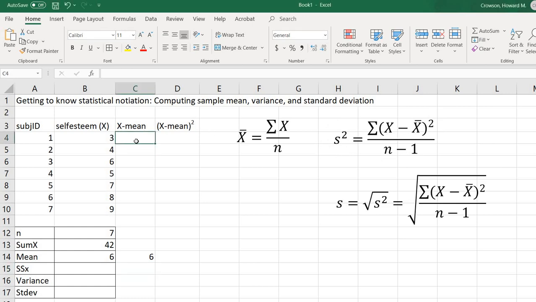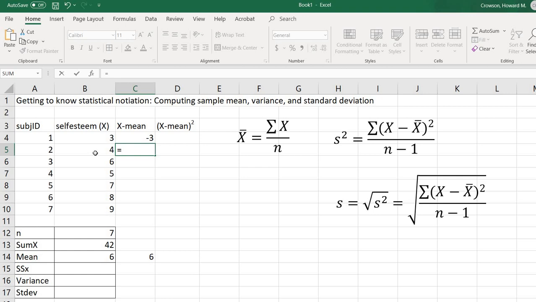So over here I have x minus mean, so we're computing deviation scores. So what I'm going to do is just type in equals raw score on x minus the sample mean, which was 6, and that gets us a -3 for the first observation. That means that the first person is scoring 3 raw score units below the mean on x. We can do the same thing right here.